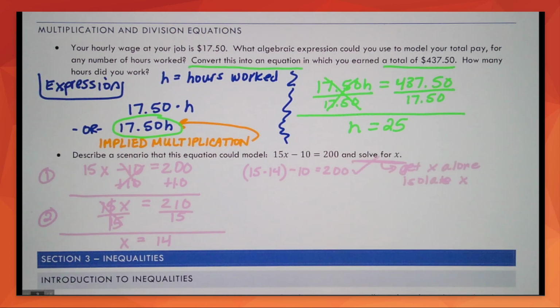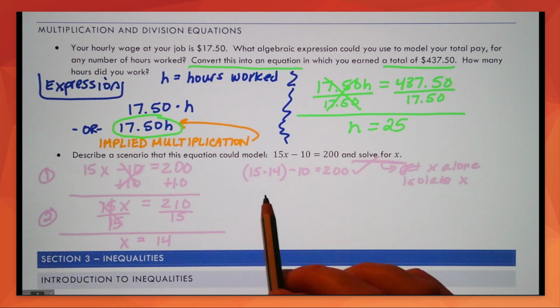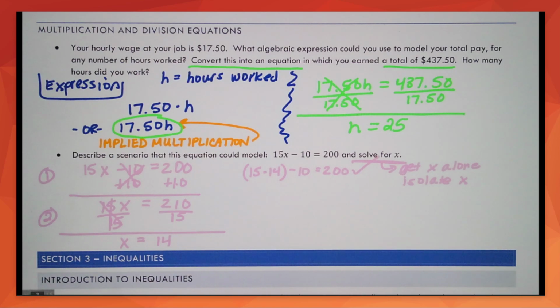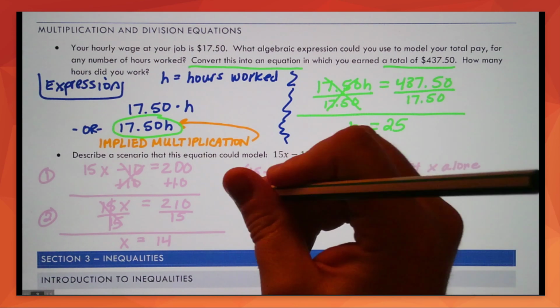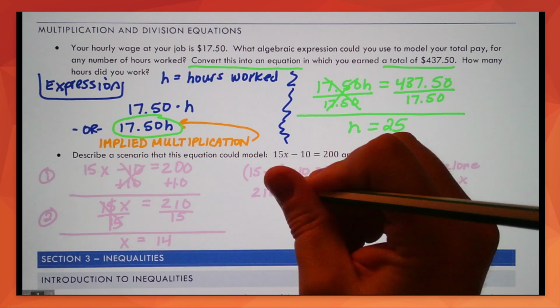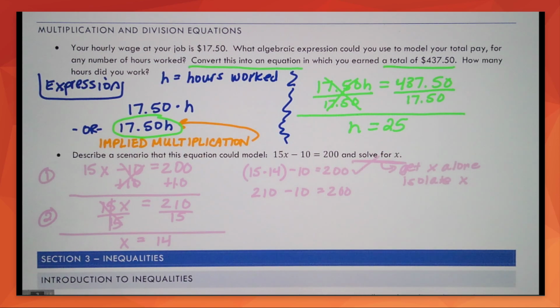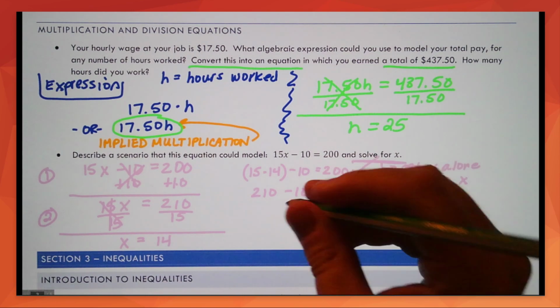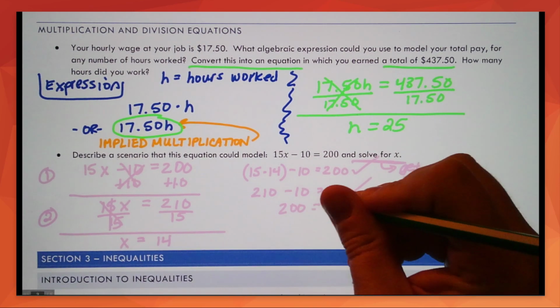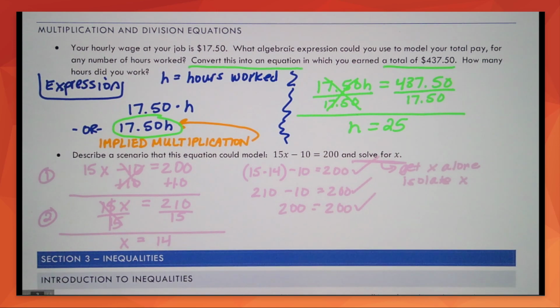You can work this problem out if you want in order to figure it out. 15 times 14 is 210. 210 minus 10 equals 200. Is this getting clearer? Does it make more sense? 210 take away 10 is 200? Yes, totally makes sense. 200 equals 200, and that's a true statement.